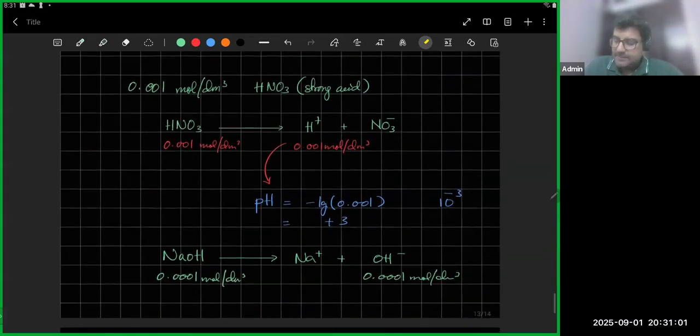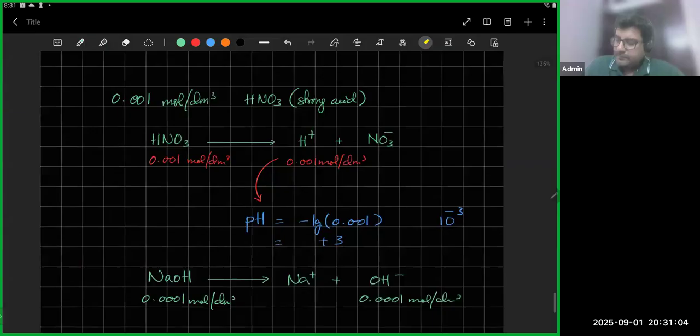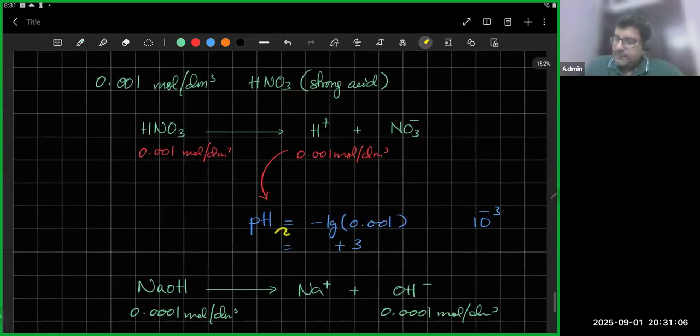I'm going to explain this in reverse: if you see pH equal to 3, right? It was 10 power minus 3, wasn't it? So the reverse is 10 to the power minus 3, right? If you want to go from pH all the way back to H plus.